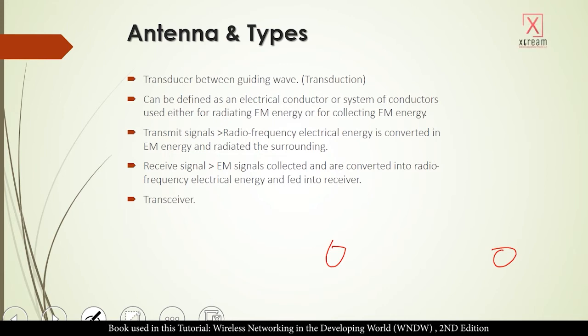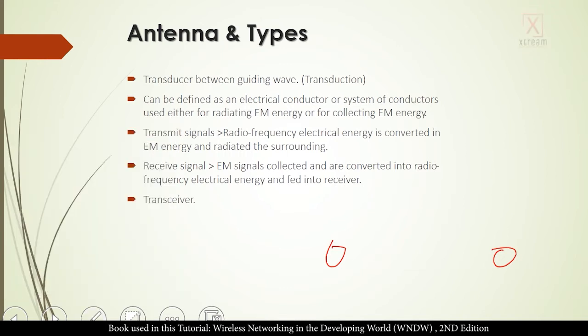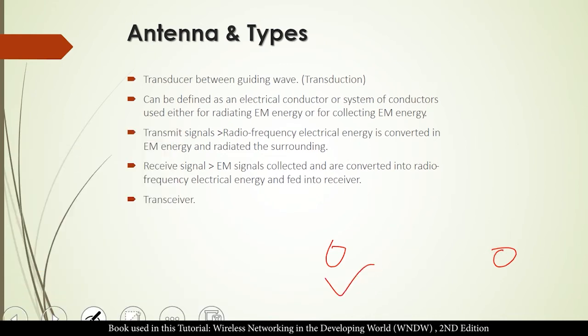So it is capable of generating and receiving the electromagnetic spectrum. Like in this case we have this point and this point. So antennas can be transceivers too.